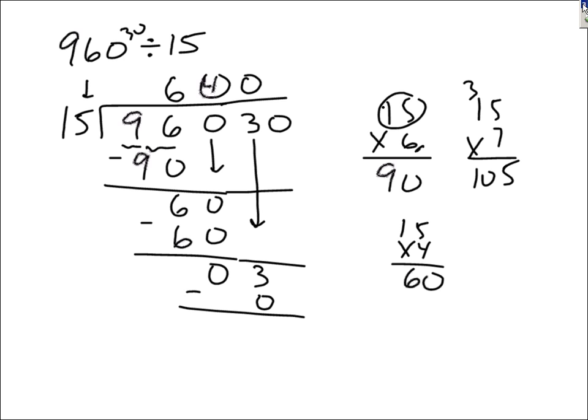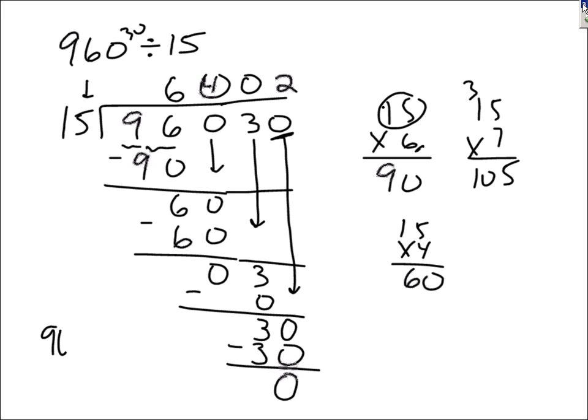You subtract. 3 minus 0 is 3. Bring down the 0. 15 times 2 is 30. Take away the 30. 15 times 2 is 30. You get 0. Now you're done. Why? Because you ended at that digit. 6402 would be the answer.